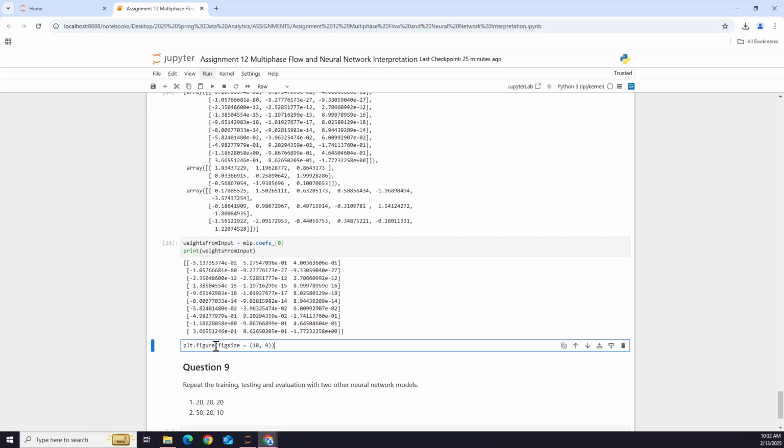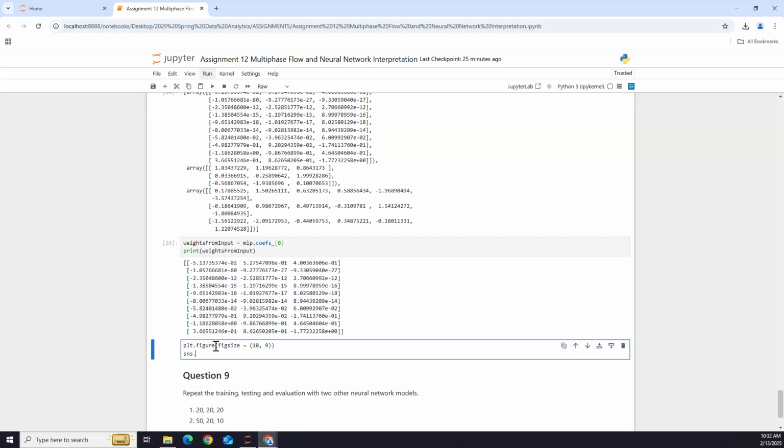And I'm going to be using the seaborn heat map to represent the values of the weights. So I have the weights from the input. I'm going to be using a red and blue color map just to highlight the low and the high values.